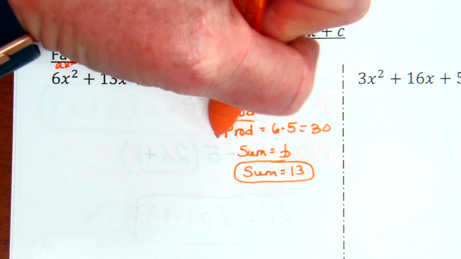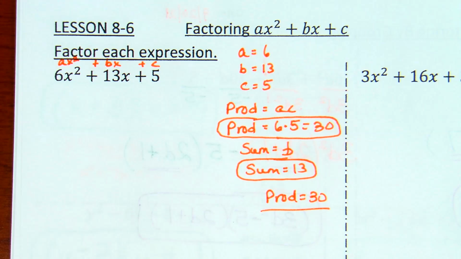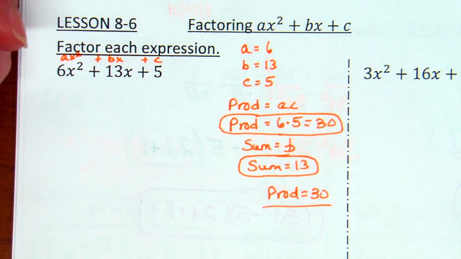When we did this the other day, we made a list of numbers that multiply to be 30. Do you remember me making this list? What's my first pair? 1 and 30, so I would always do 1 and the number first. Does 2 go into it?